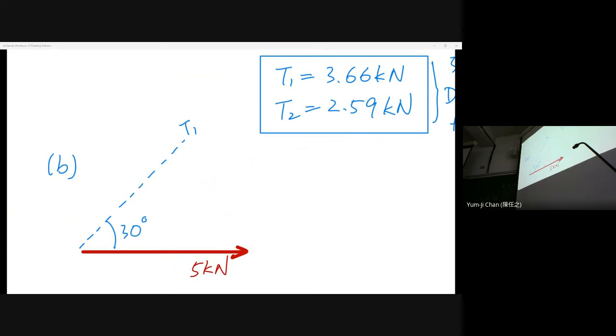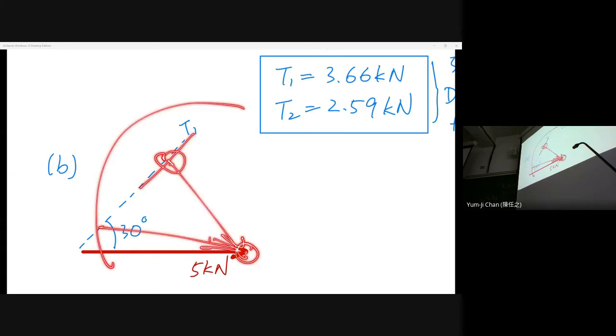So for T2 to have a minimum, it means the shortest distance between this point and this line. We can have a very long T2, but of course the shortest one is this one, right?